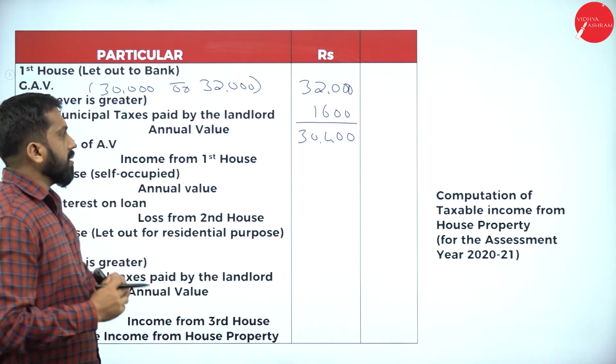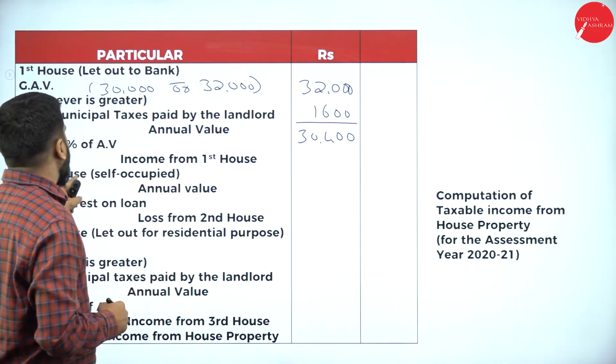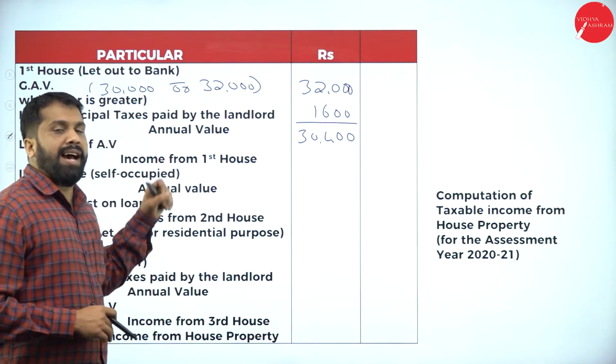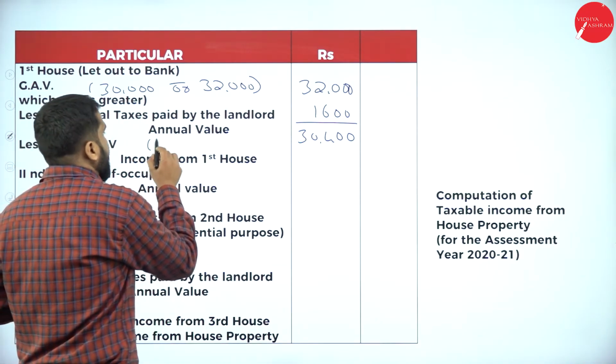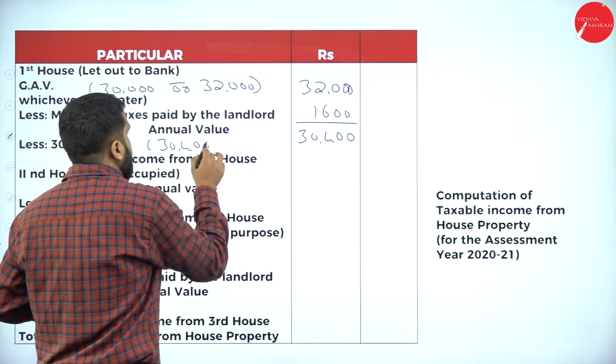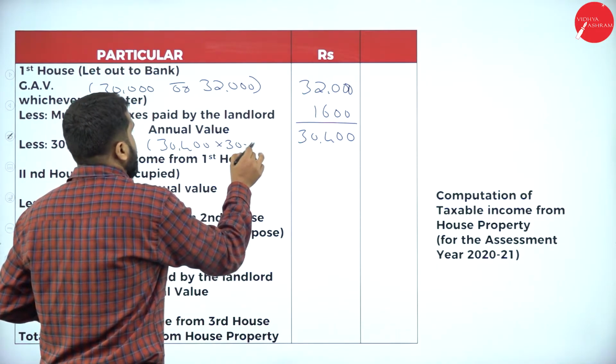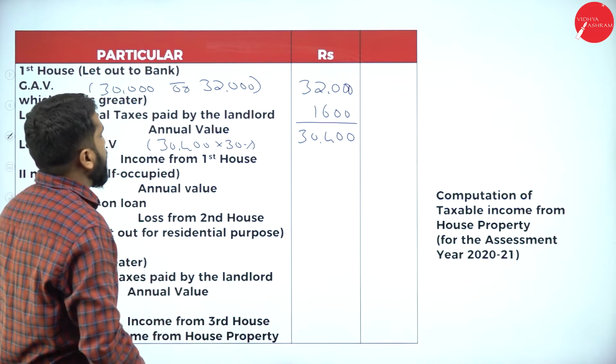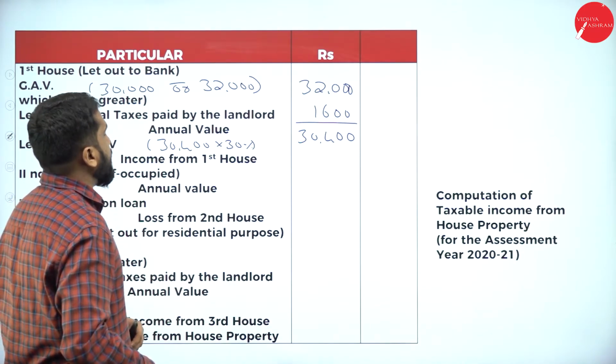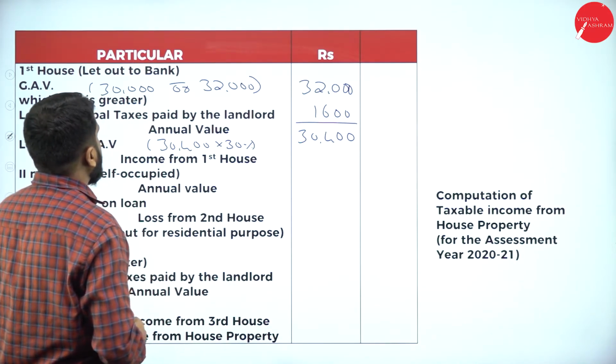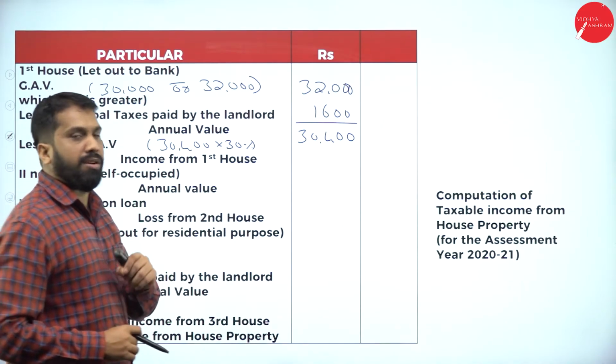Hopefully, no doubt. Now, 30,400 minus 30% of annual value. 30,400 multiplied with 30%. How much will you get? You will get around 10,000. Yes, 10,200.